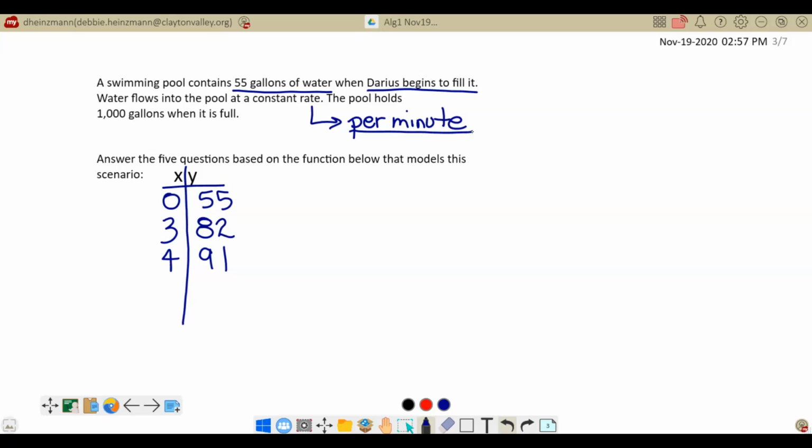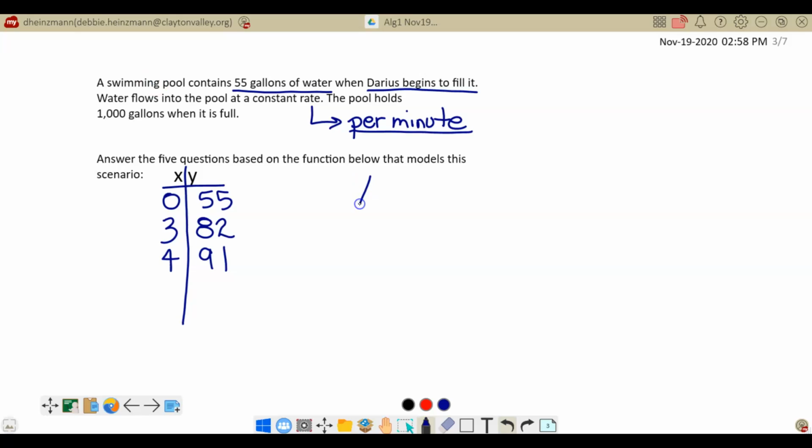Remember, the word per has to do with rate of change. It's a rate, something per something else, right? So since we don't know what the slope is, we're going to have to calculate it, but we do know that it's per minute.